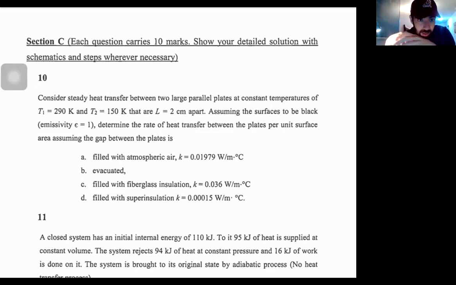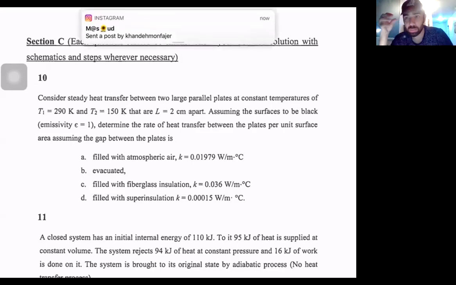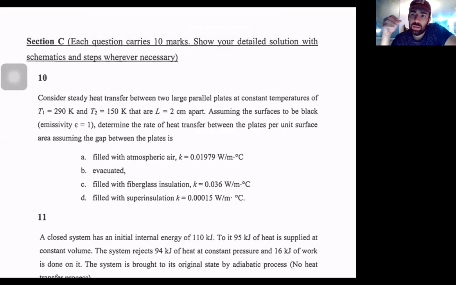For the first case, we have both radiation and conduction, because the air can be used for conduction heat transfer, and it also allows the two plates to transfer energy by radiation.